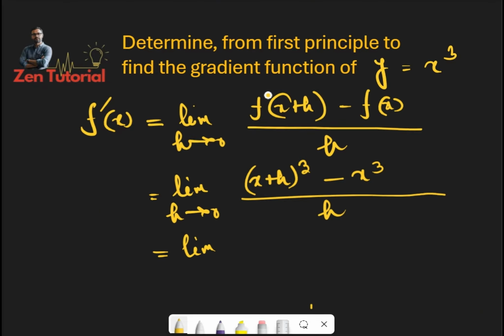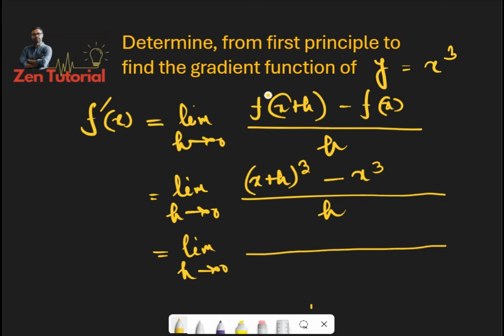Now again, we have to write down limit h tends to 0 until we are plugging the value of h as 0, and we should not write down the limit once we find the value is infinity or 0 by 0 order.